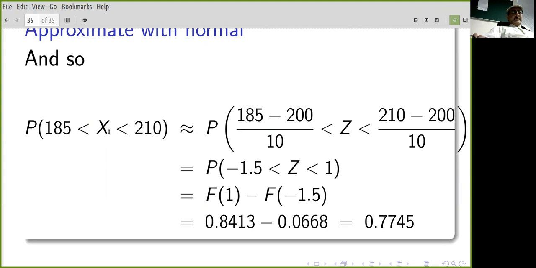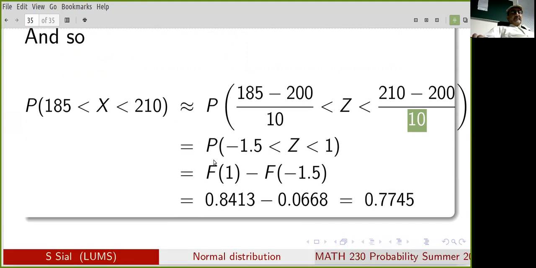When you took X minus mu over sigma, you turned X into the standard normal instead. And then you do the same thing to 210: take 210 minus the expectation 200, divided by the standard deviation 10. Okay, that's the probability then that the standard normal lies between minus 1.5 and 1.